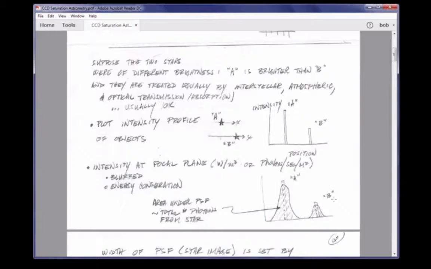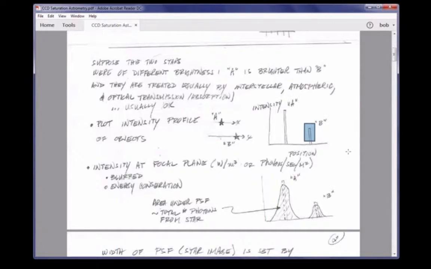In that case, if you could take a perfect image unaffected by any of those effects, what you'd see is 2 little points of light, sort of like delta functions in math. One of them would be brighter than the other, because star A is brighter than star B, but they would be infinitesimal in size, nevertheless giving off flux of photons.